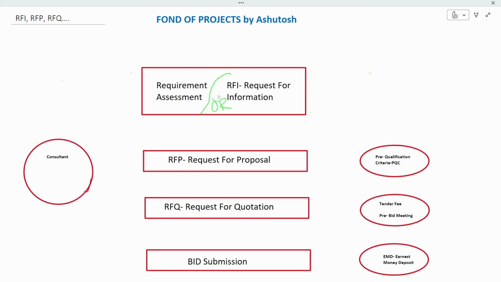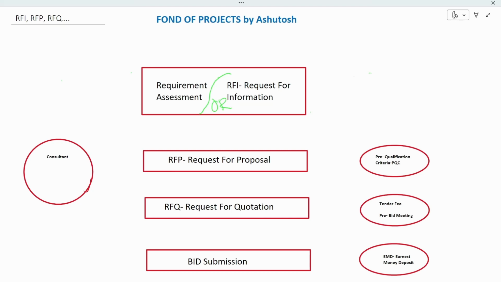So please provide me your input: what kind of clocks I should go for, what could be the size of that clock, what could be the color of that clock, and what could be the type of that clock. All this information will be gathered through market analysis, and I am not going to pay anything for that, because the people who provide me this input will be subject matter experts and also vendors for that specific object. So this is called RFI.